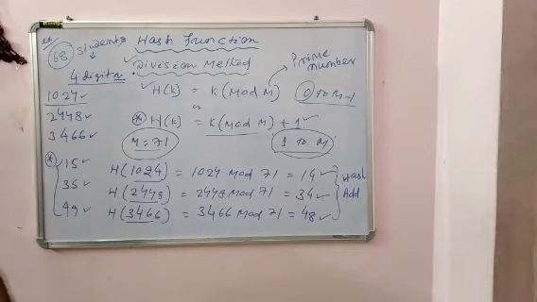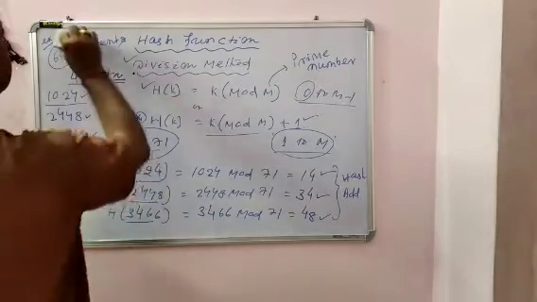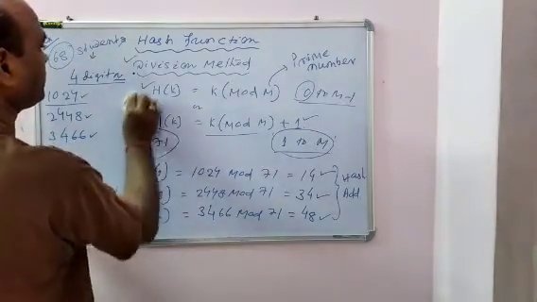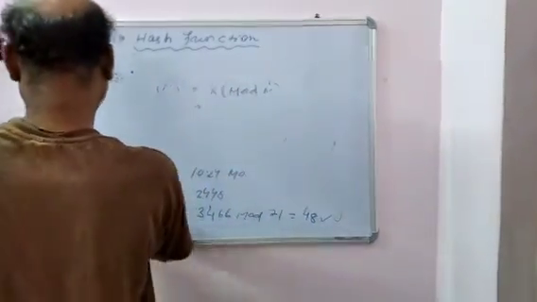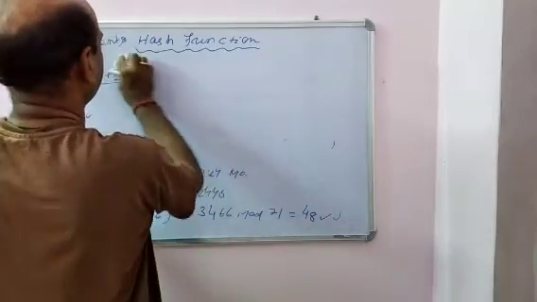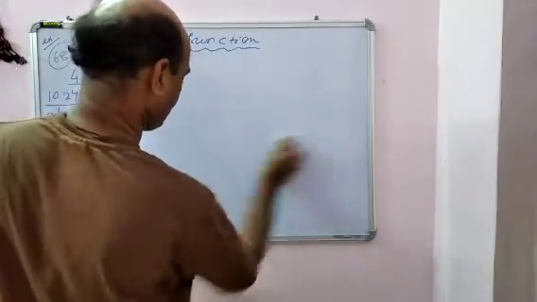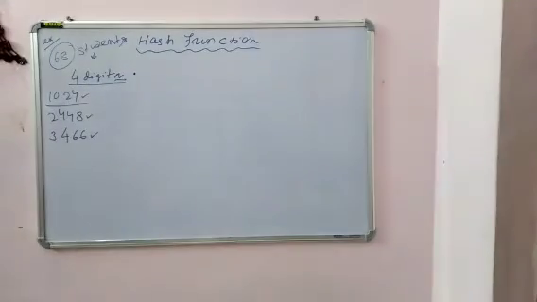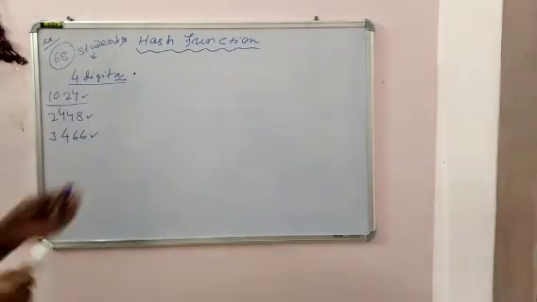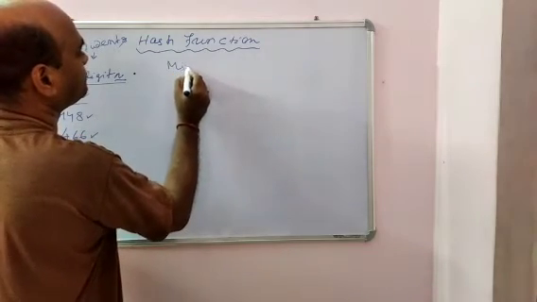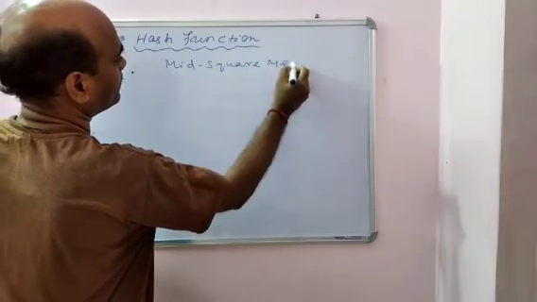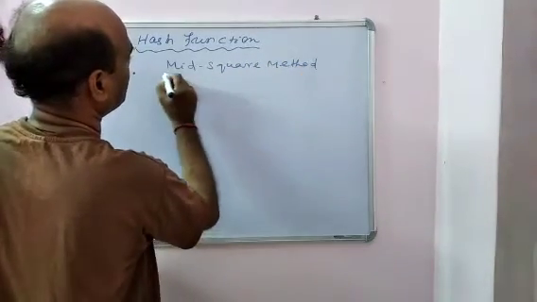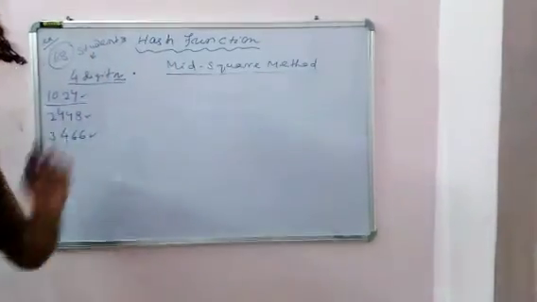The second one is the mid square method.